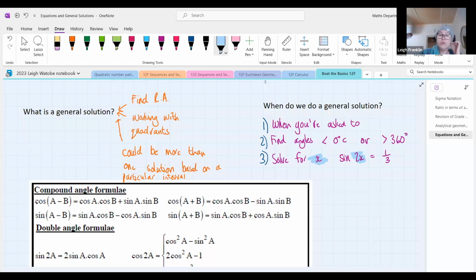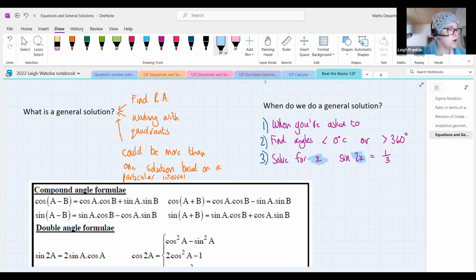Now, what you were telling me earlier about a general solution, yes, you have to find an RA or a reference angle or a positive acute angle, yes. You have to work in the quadrants, yes. There could be more than one solution based on a particular interval, yes, absolutely. A general solution is a statement.